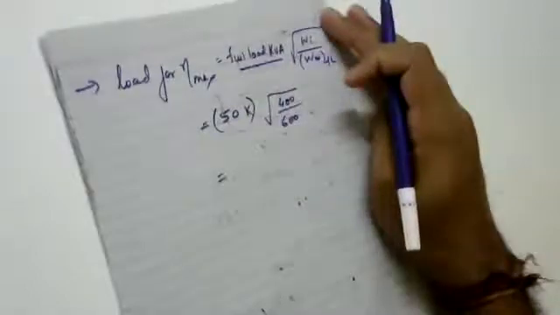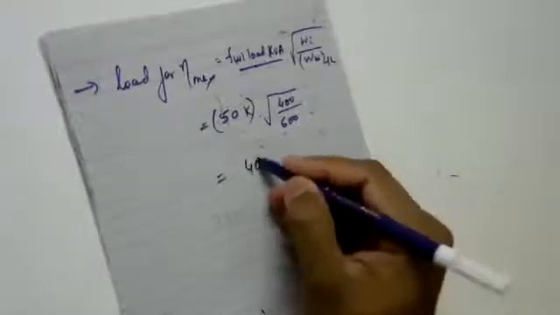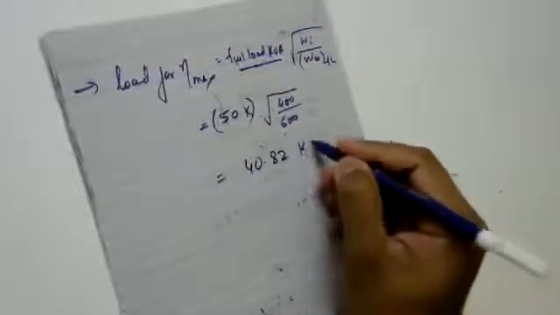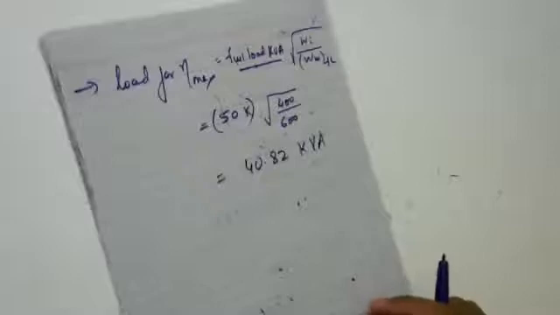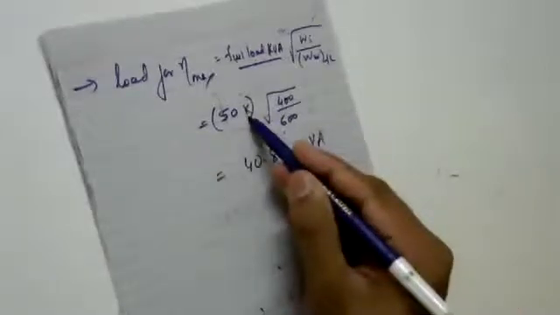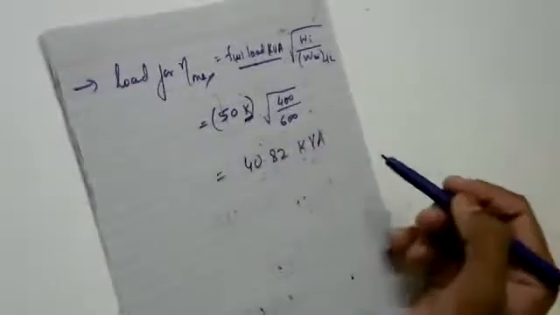What is the load now? It is 50k into square root of 400 by 600. So this turns out as 40.82 kVA. Is it clear? So this kVA is important, so this k you are taking by default here.